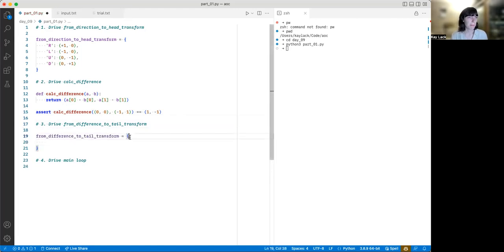Right. Just doing this based on my diagram.